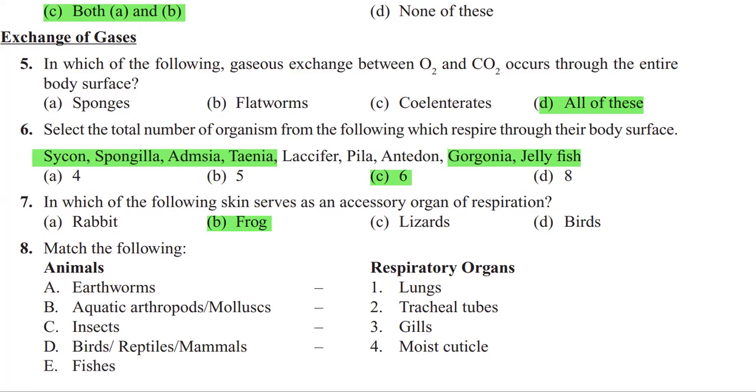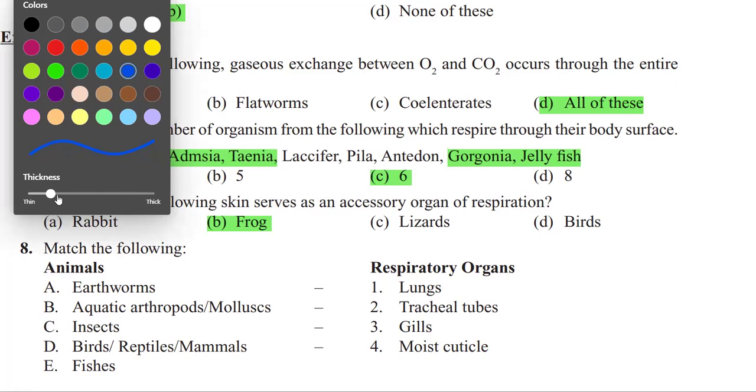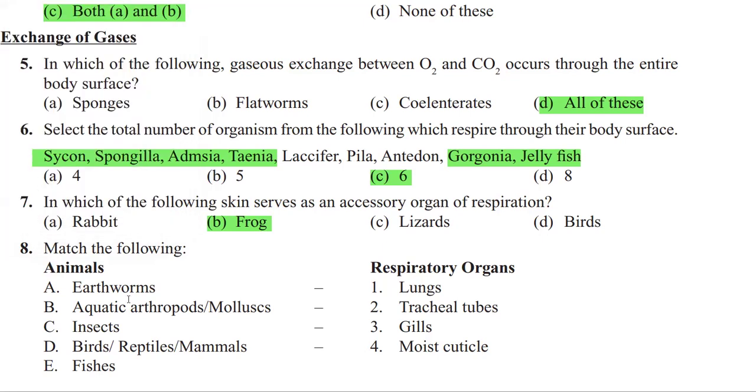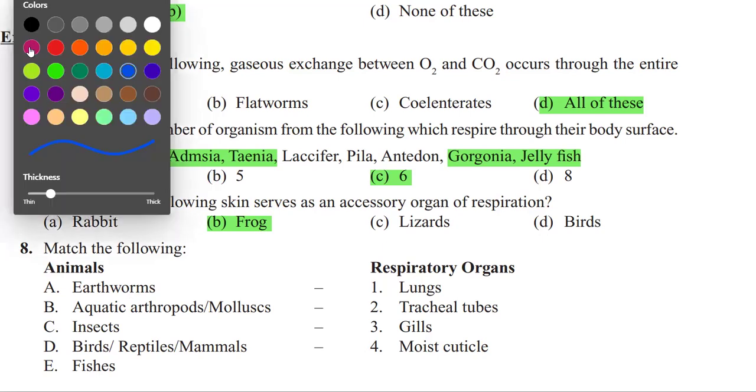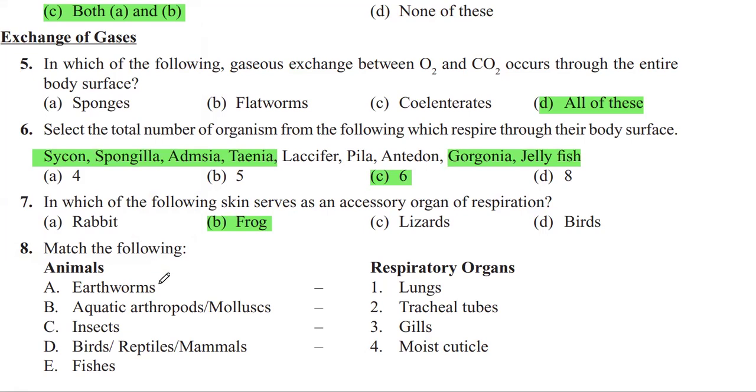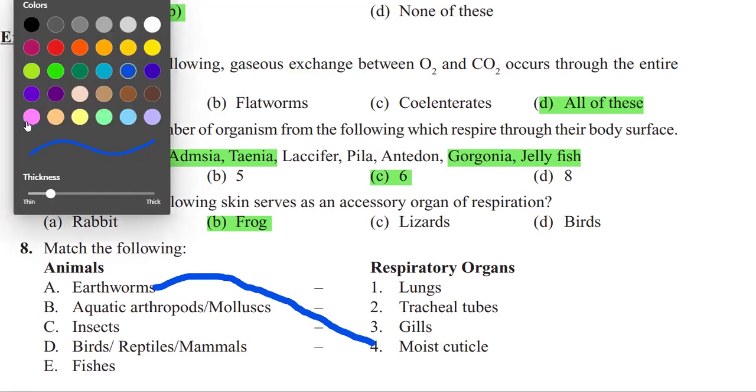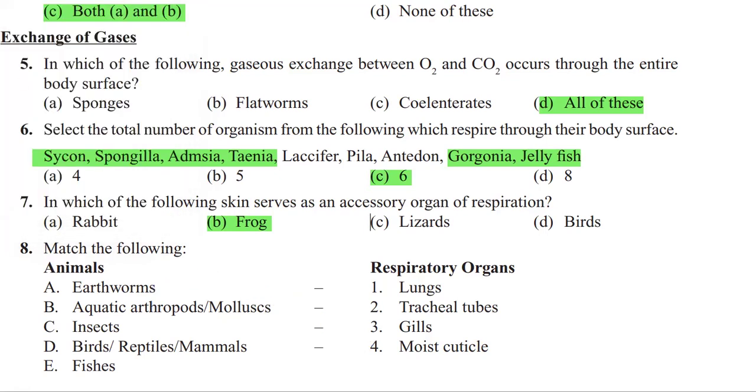Next, match the following. Earthworm: moist cuticle.